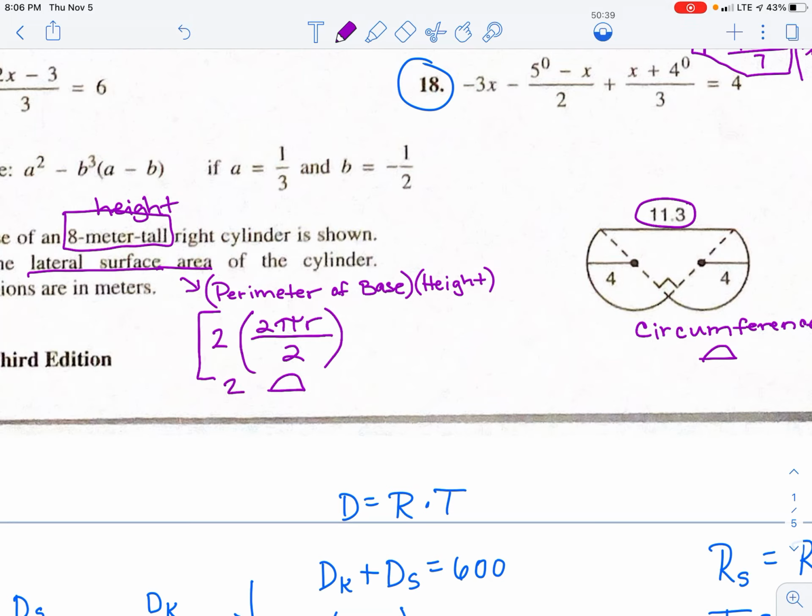So this is 2 semicircles, basically what I just figured up there, plus that other part on the top, which is the hypotenuse of the triangle. You can see the triangle in there. That's the hypotenuse of the triangle, 11.3. So here's what we're going to figure out. And the height then is 8. In the problem, it tells us that the cylinder is 8 meters tall. So there's our equation that we're going to solve.